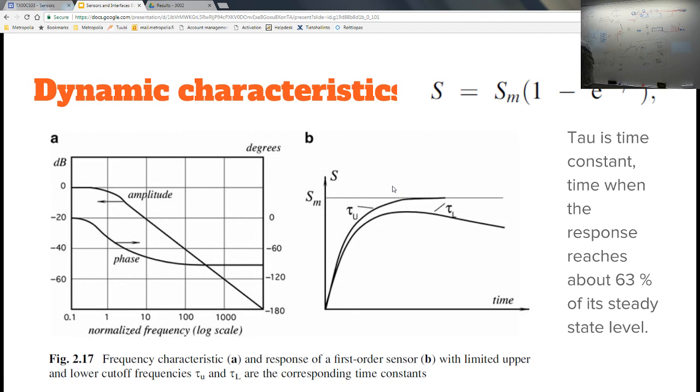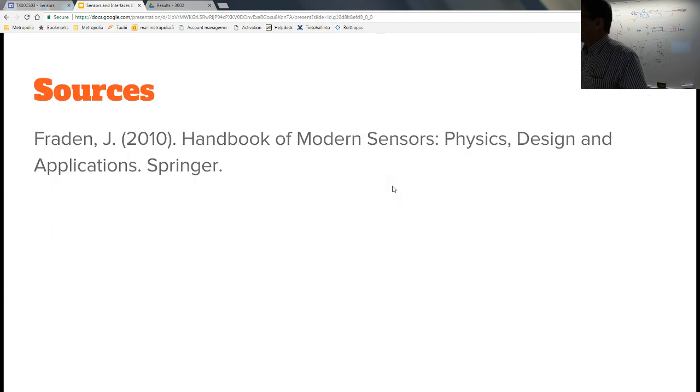But here we are in luck, since most often any sensor characteristic is more or less like a first order low pass filter. So very simple to model. It's also doable to compensate for that kind of dynamic error.